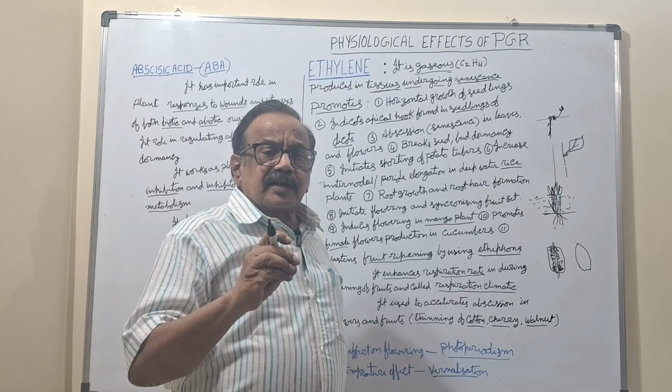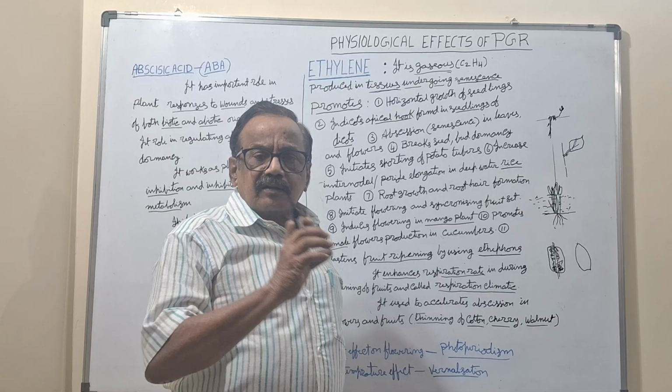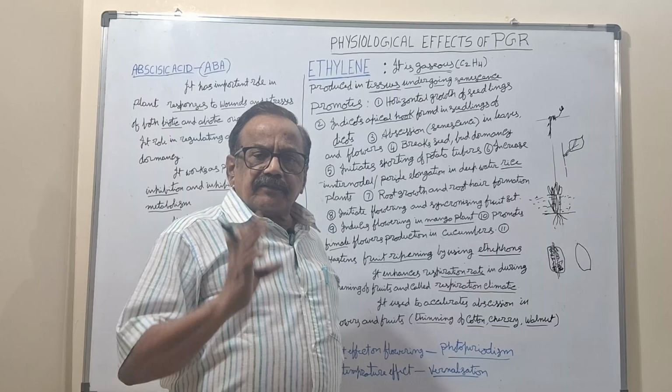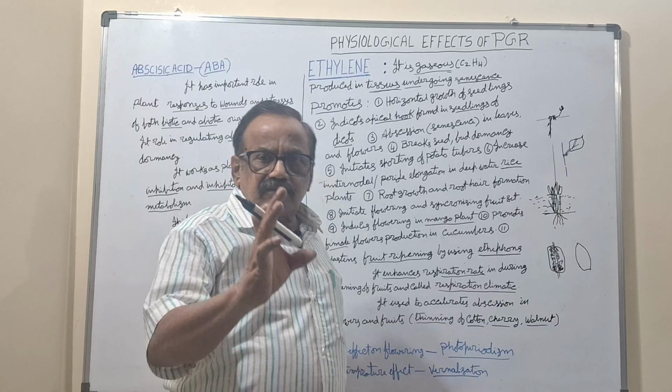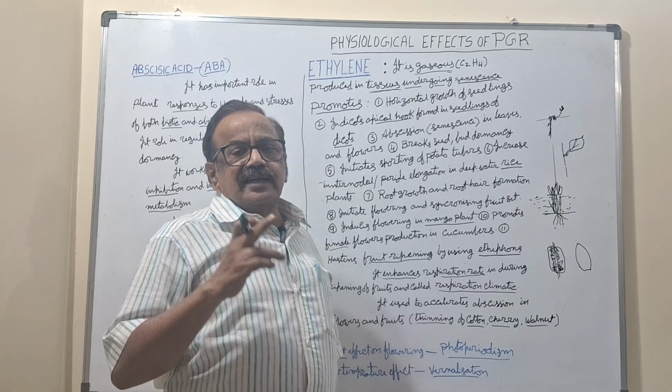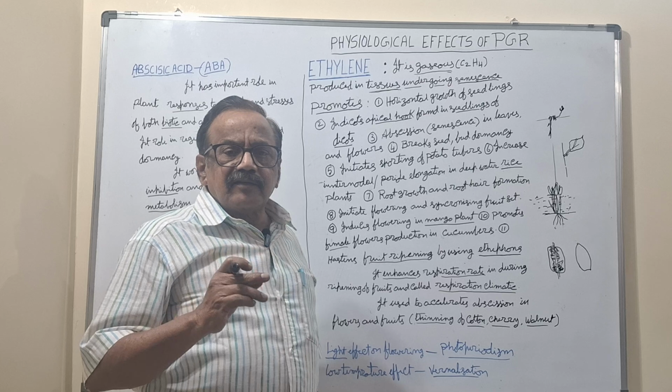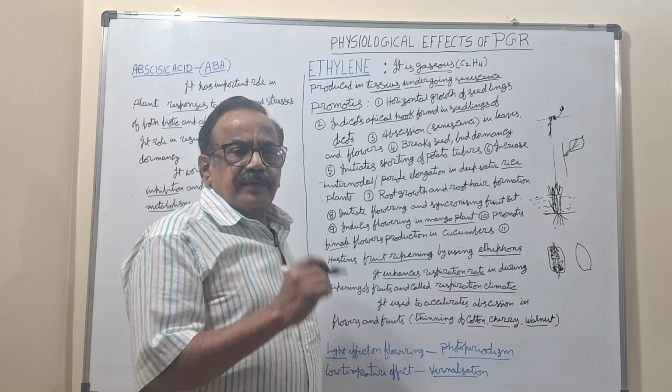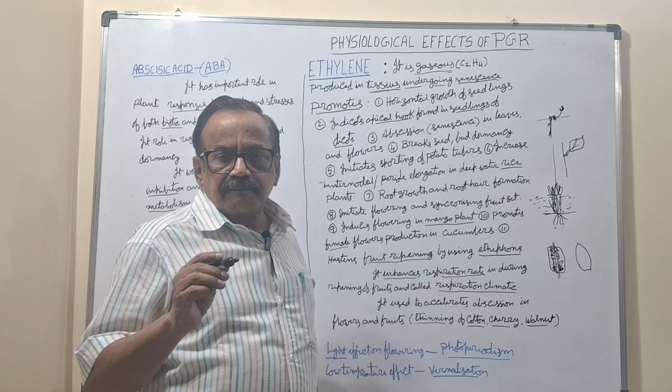If only a few flowers are fertilized, the fruits will be big. So thinning is required. That thinning is done by spraying Ethephon.